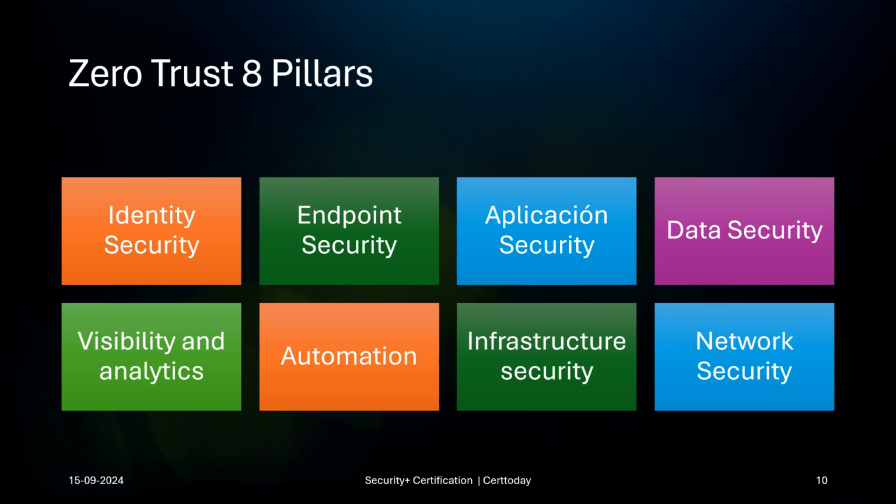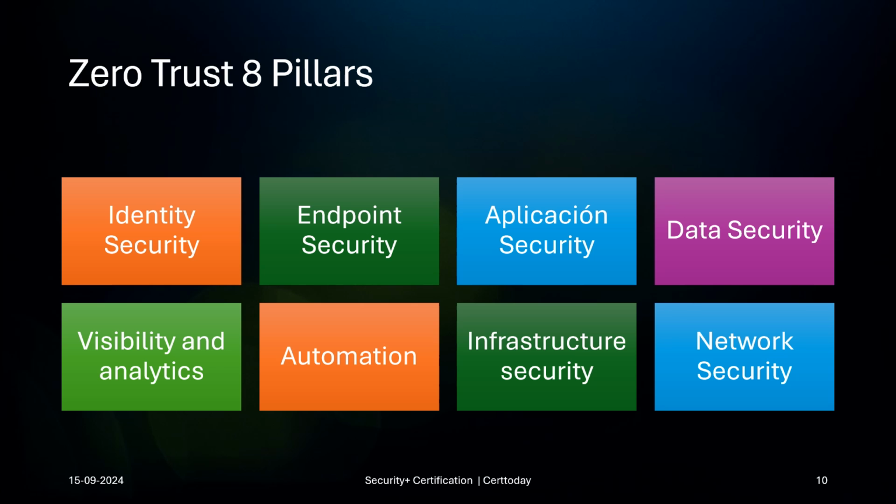But again, one of the pillars of zero trust is automation. Infrastructure security, of course, is really important as well. And network security, which I think is one of the things where traditionally people spend most of their money. But again, zero trust looks at security as a holistic approach.